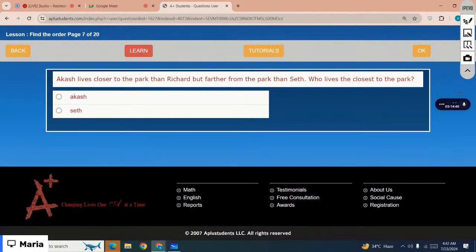Okay, Akash lives closer to the park than Richard, but farther from the park than Seth. Who lives closest to the park? So, which is the correct option?